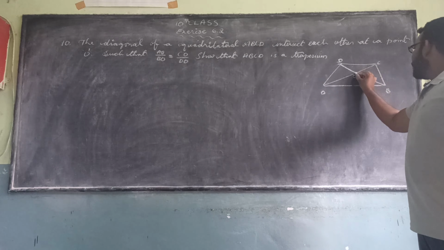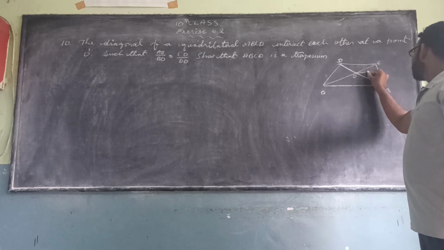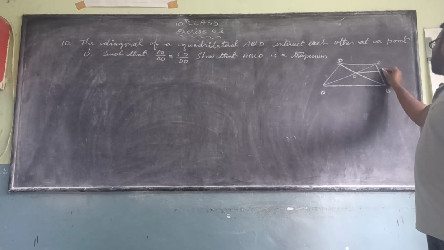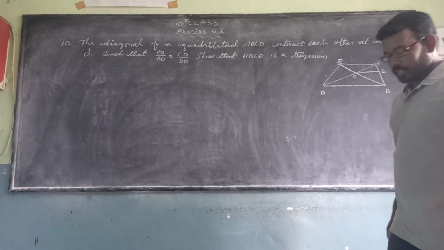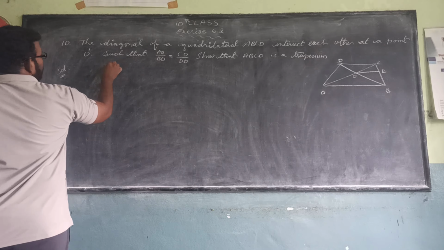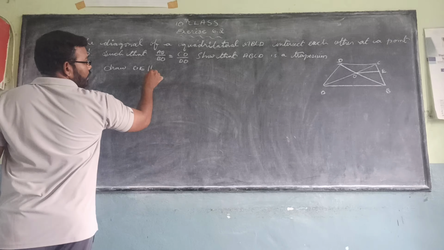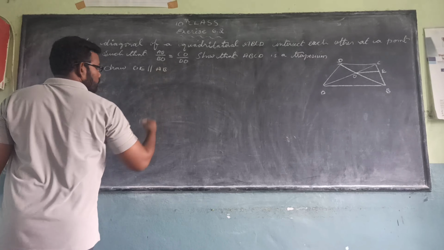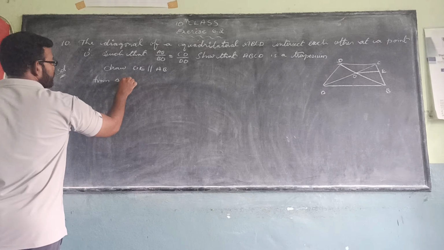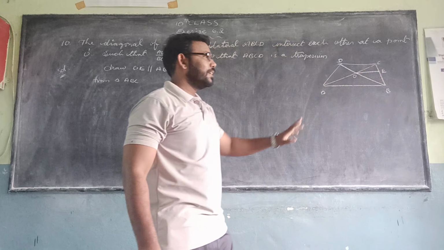To prove, we have to make a construction. Here, solution: draw OE which is parallel to AB. So from triangle ABC, I am taking this triangle.